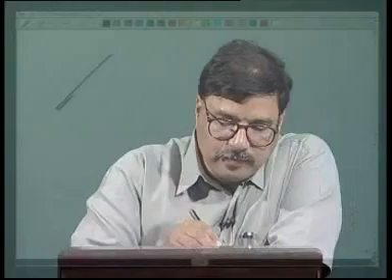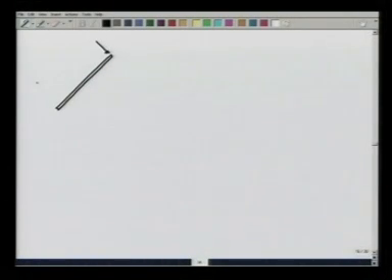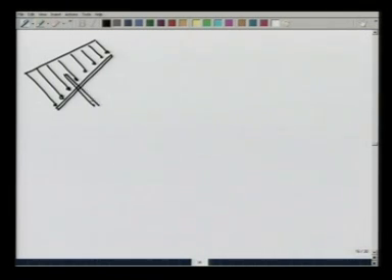So, in this case, let me make the picture again. There is a sheet, there is a load here, there is a load here, which varies linearly for the rectangular sheet, and the net force acts at the centroid of this, and this is given by, let us calculate y centroid, which is going to be y1 plus y2.